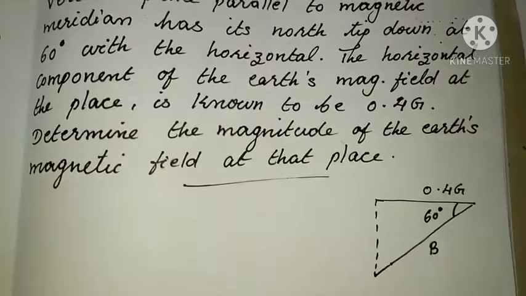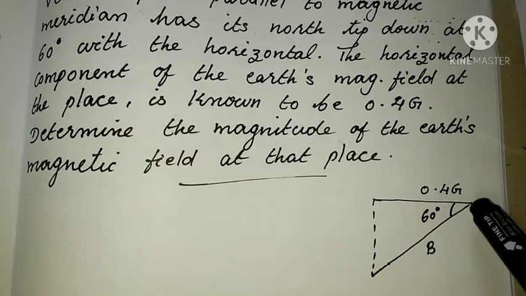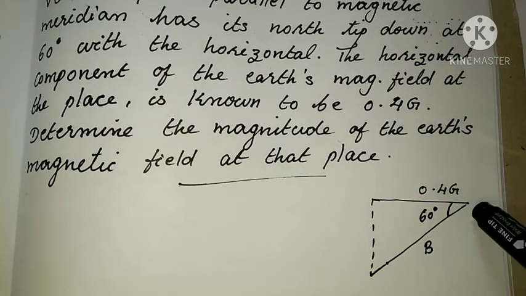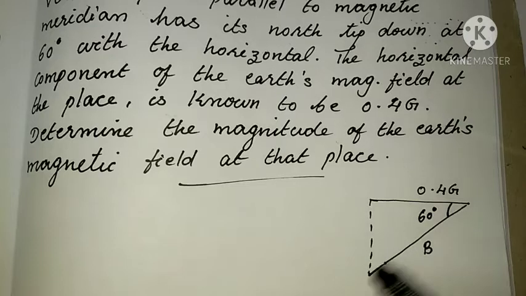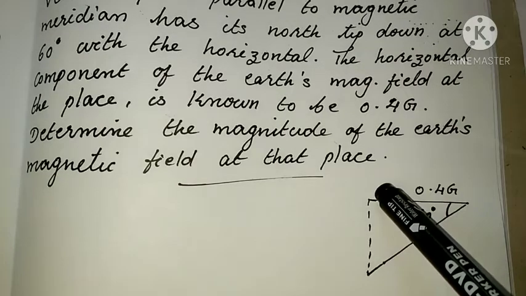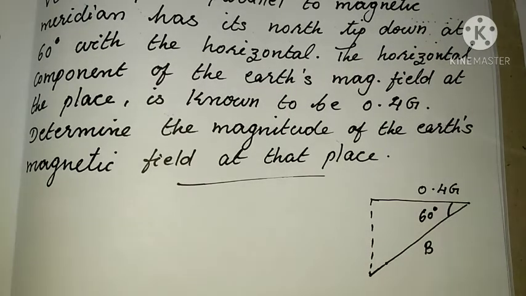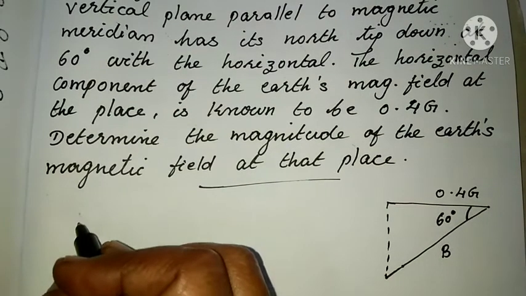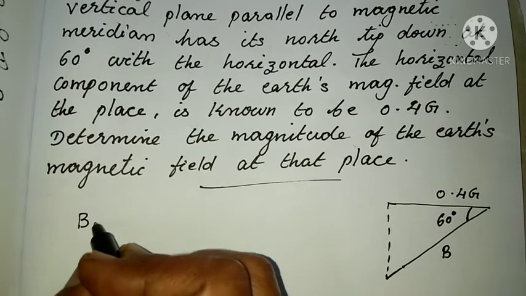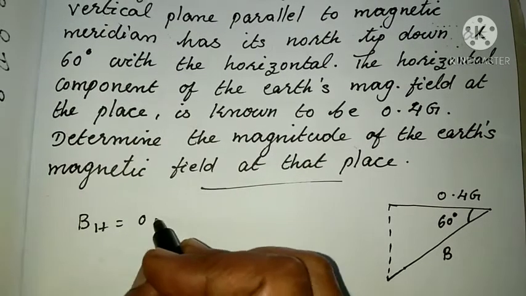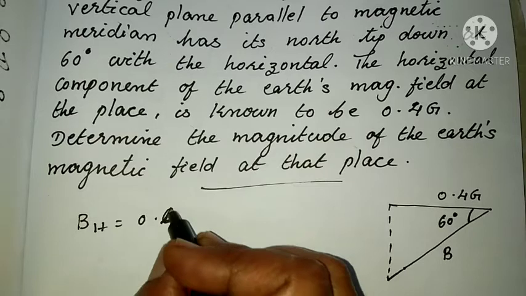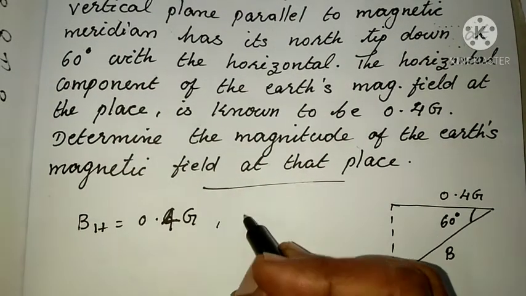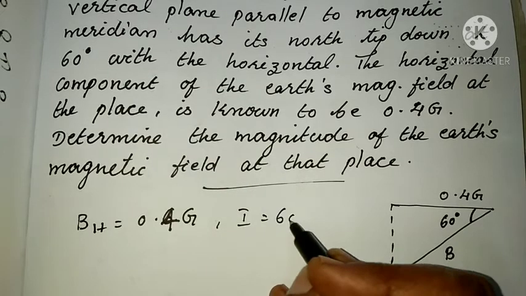So the horizontal component of Earth's magnetic field is given as BH equal to 0.4 Gauss. Then angle of dip is also given, that is I equal to 60 degree.